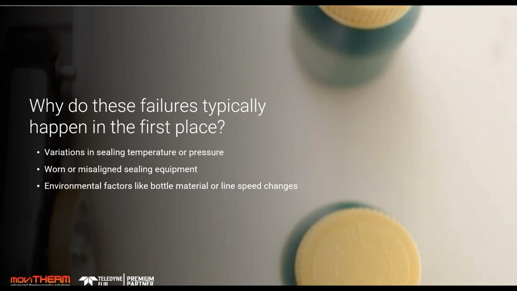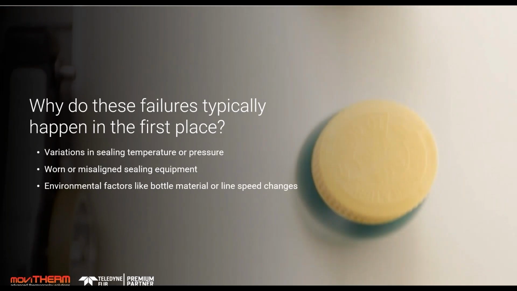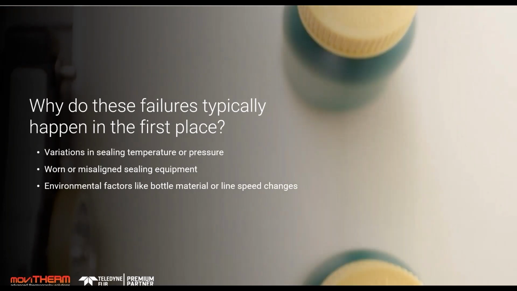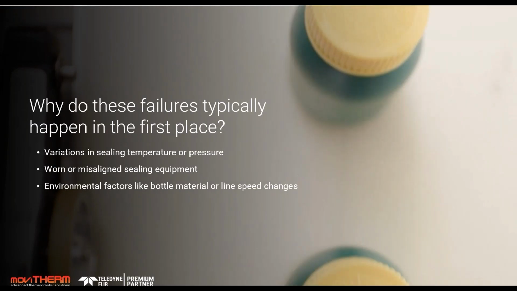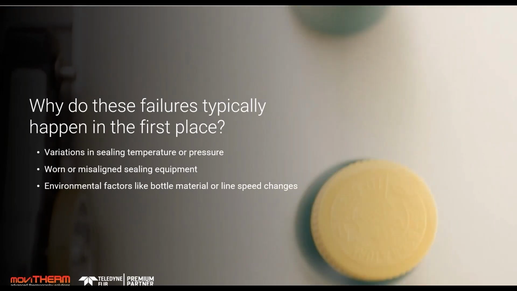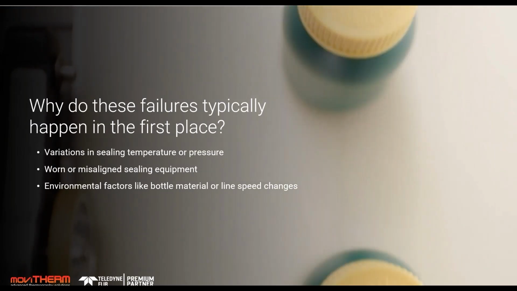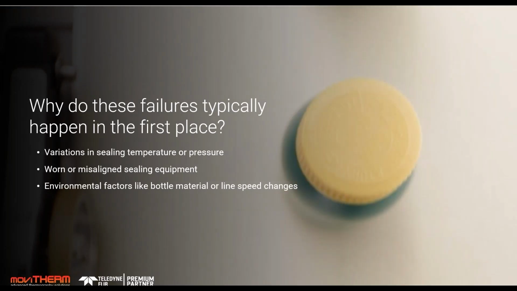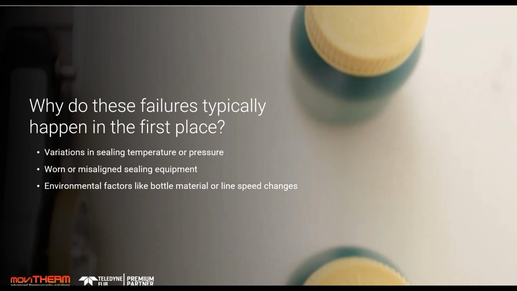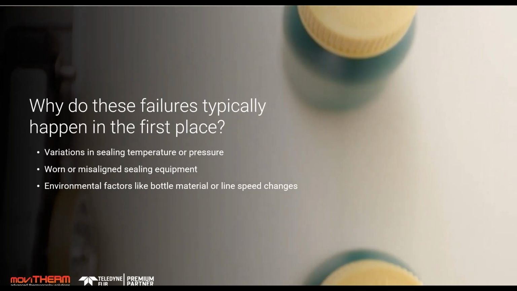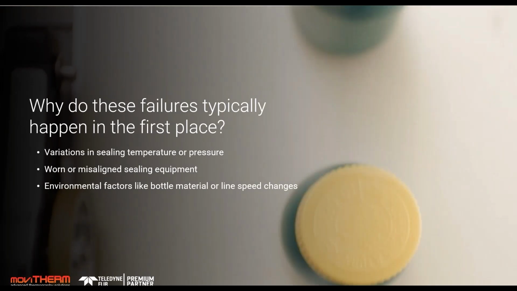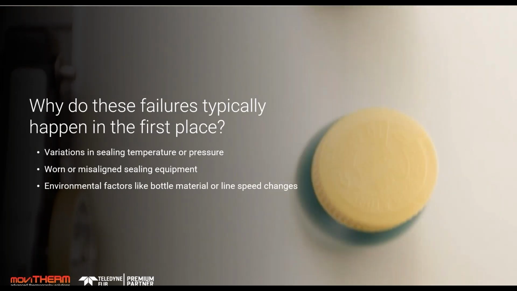So thank you, Eric, for giving us a pretty good overview of some of the different challenges that bottle sealing can have. So I guess we'll shift gears now and talk a little bit more about how thermal imaging can help solve some of the customers' issues. So obviously thermal imaging, to some people, might sound a little high tech, but I think more people are familiar with it.